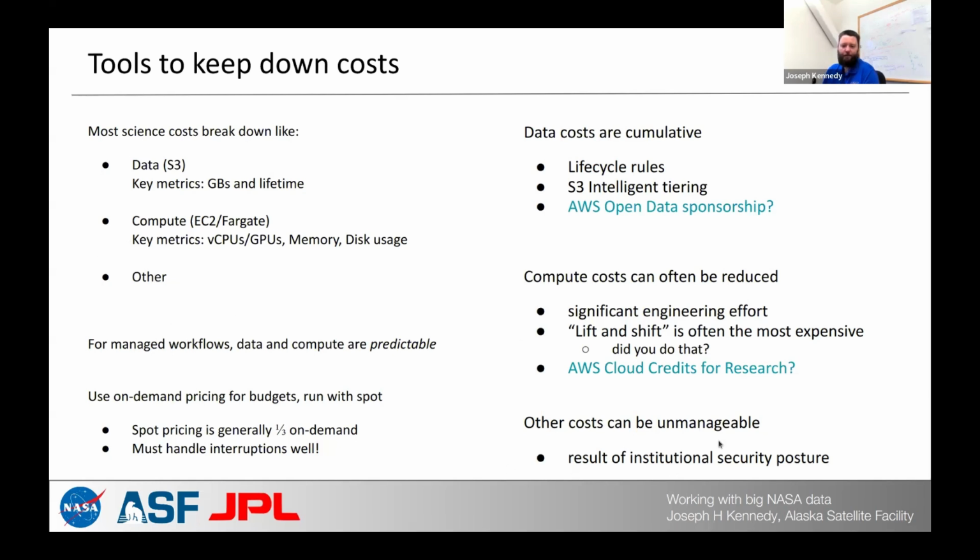The other costs are largely a result of institutional security postures, at least in typical science workflows. So there are security monitoring things and this kind of stuff that gets imposed on you, and you likely don't have much room to modify or change it.